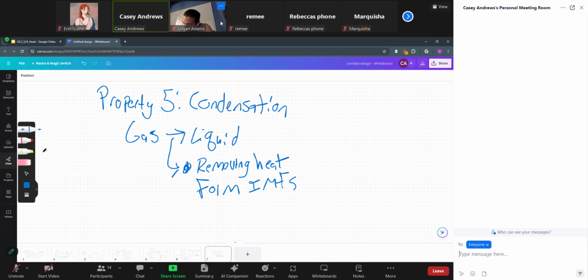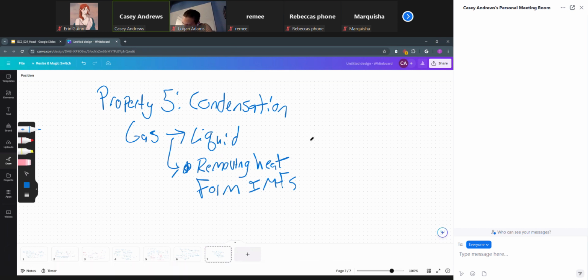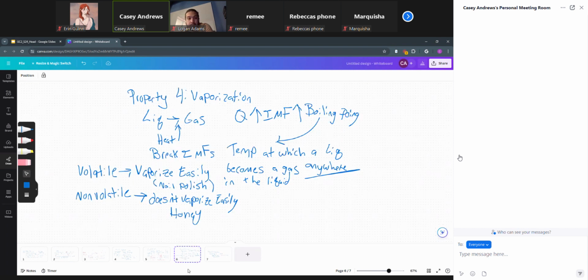And so this is gonna go the opposite. Well, it's not quite opposite, but it's basically the stronger the intermolecular forces, the easier to condense. It's hard for me to use the same higher or lower. But for vaporization, we said the higher the intermolecular forces, the higher the boiling point.